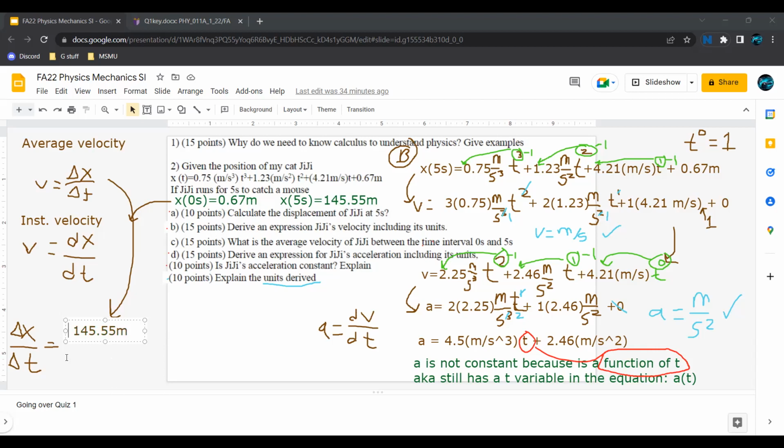So then from there, we just need a delta t, which is 5 seconds minus 0 seconds, since that's your t naught. It's basically 5 seconds. Then 145.55 divided by 5.